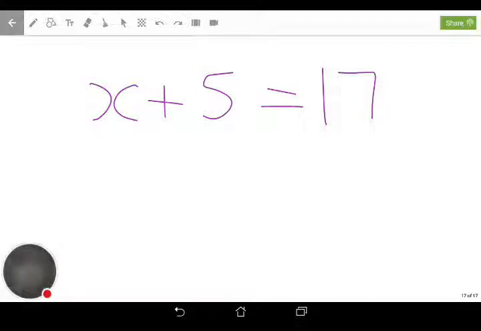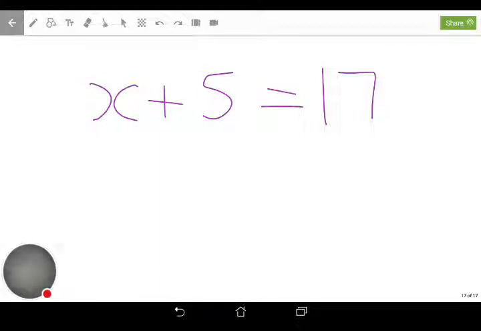Now, the question's saying something plus 5 is 17. Some of you might be able to work that out straight away and say, oh, right, 12 plus 5 is 17. But it's not always so straightforward, and we need to know how to use algebra to solve it, because you can't always do it in your head, and today that's what we're going to work towards.